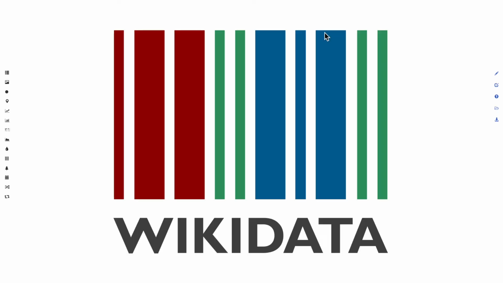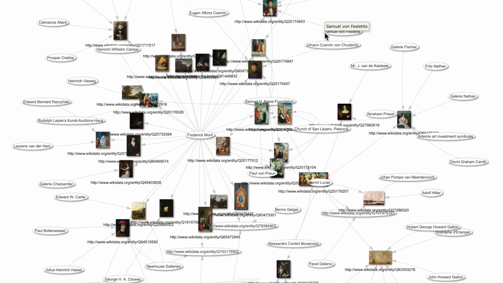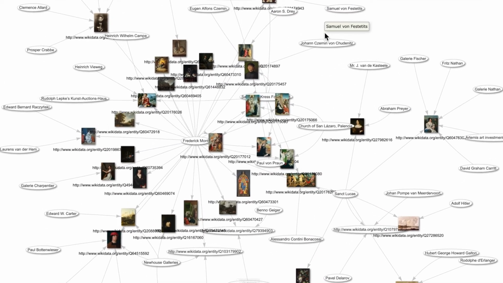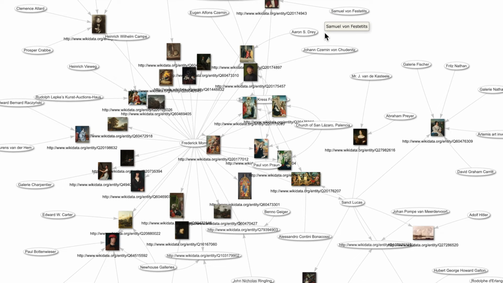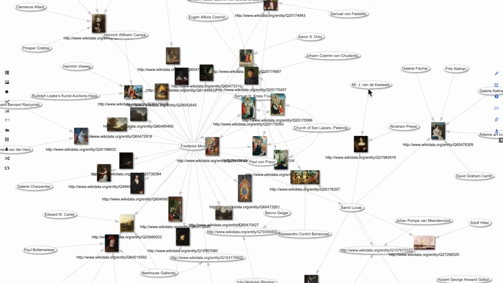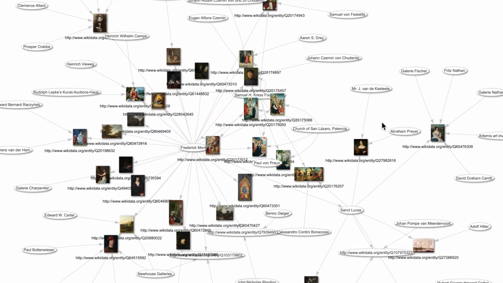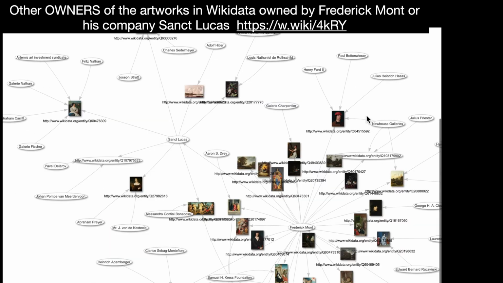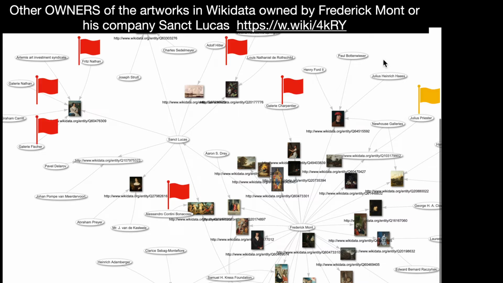And we can look to see who else owned those same paintings that Frederick Mont owned. And there we start to see the beginnings, potentially, of a network. And because Wikidata is a very rich knowledge graph, Wikidata knows a lot of things about the names that appear.